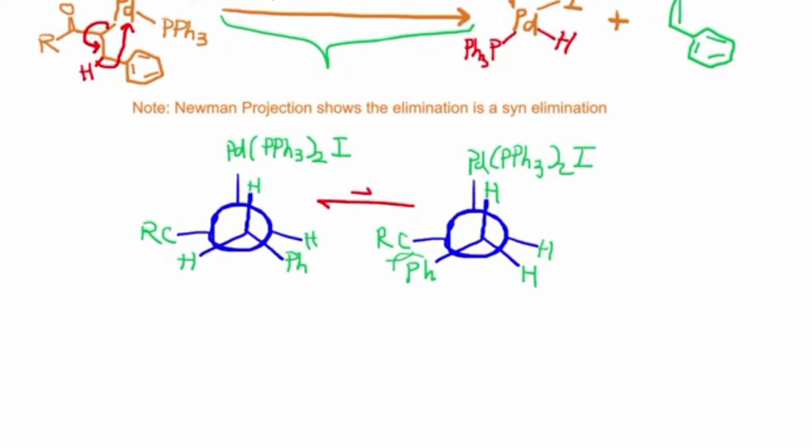So this bond cleaves and forms a pi bond between this carbon and this carbon, and this hydrogen cleaves off to form a bond with the metal. That's about it for this reaction occurring in the carbopalladation of a complex in the presence of an alkene.